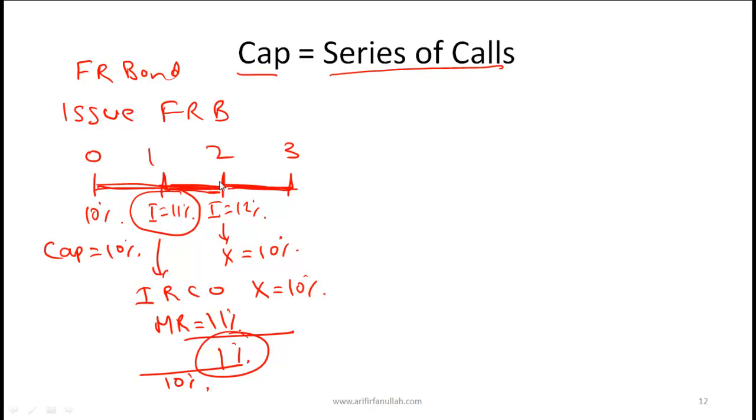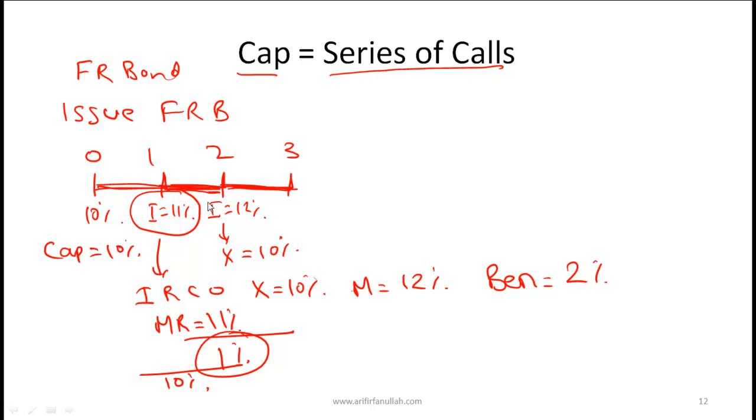When you get to the end of year 2, which is the beginning of year 3, if you had a pure floating rate bond, the payment you would have to make for period 3 is 12% because that is the market rate. However, you had invested in an interest rate call option with a strike price of 10%. Since the market rate is equal to 12%, here your benefit is equal to 2%.